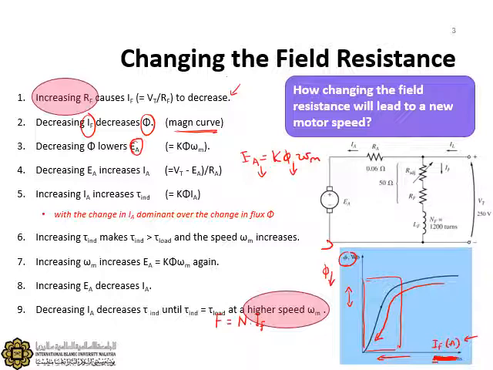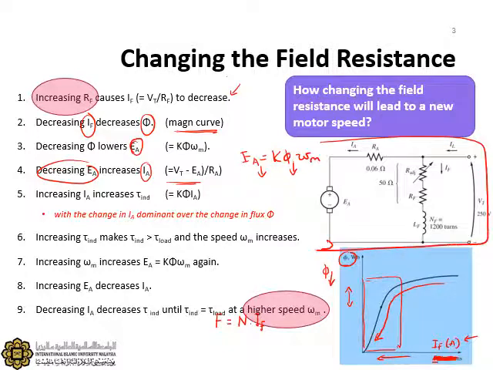Right, now what's next? When EA is decreased, IA, the armature current, will be increased, following this equation here, which you can derive by using this equivalent circuit. Where is IA?